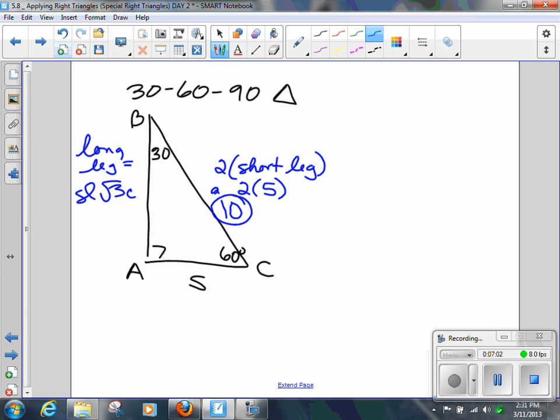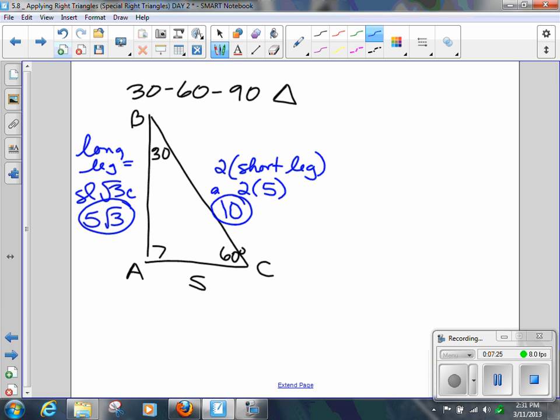What's a short leg? 5 root 3. Are you kidding me? That's all it is to it. Is it really that easy? That's all you do, folks. The easiest 2 sides to be given is the short leg and hypotenuse. If you've got those, you got this. Oh, it's easy. Okay?